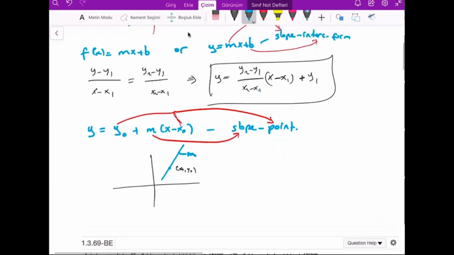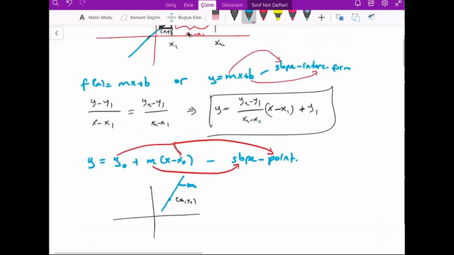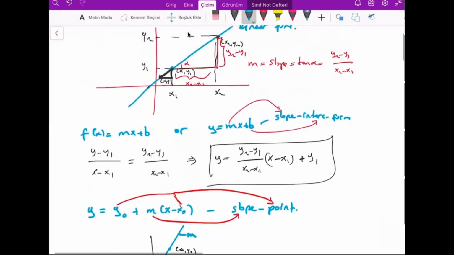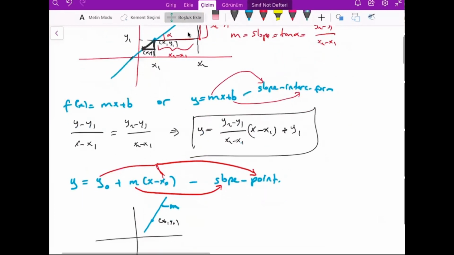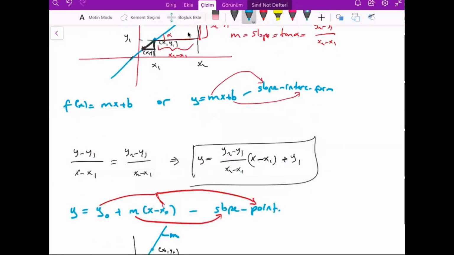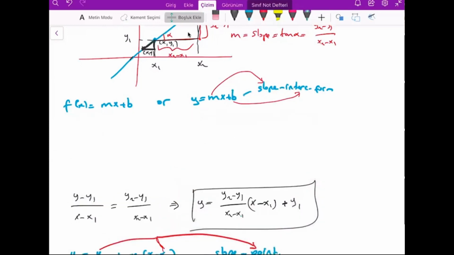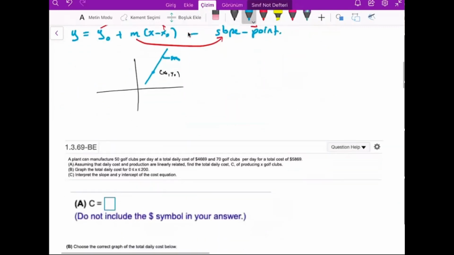For the other graph, I don't have sufficient space, but let's try. Here you know the y-intercept, this is b. According to this point, we can sketch the line, and the slope is again m.